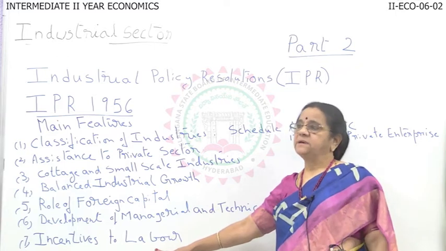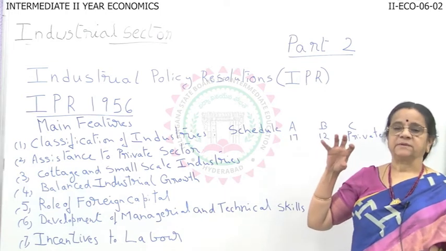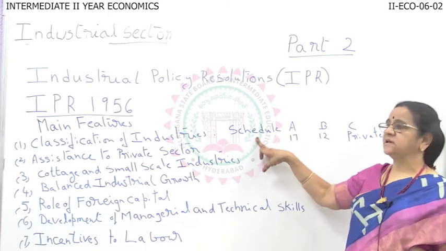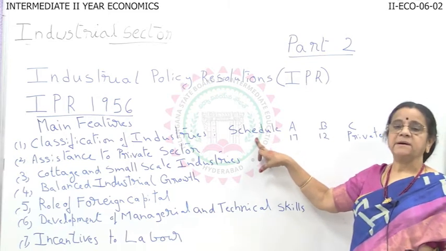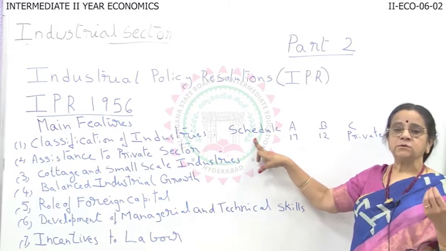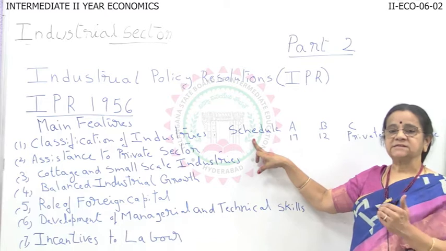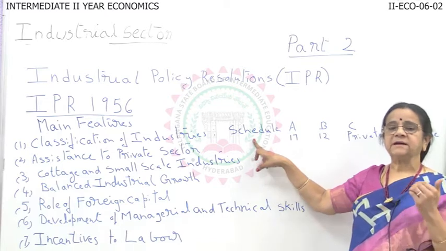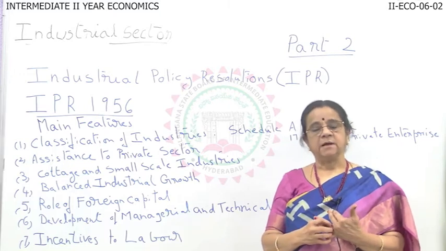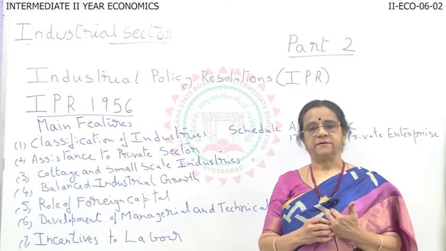Thus, IPR 1956 is appreciated for flexible classification of industries, but at the same time, mentioning that most of the units will be taken over by the public sector was criticized by many because this may reduce the industrial development in our country.